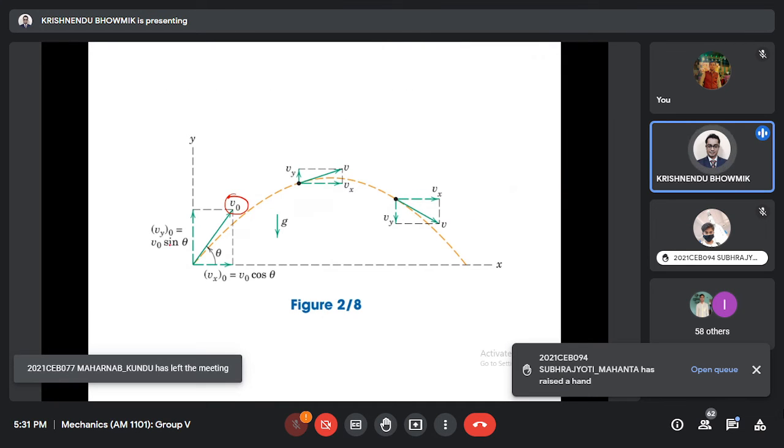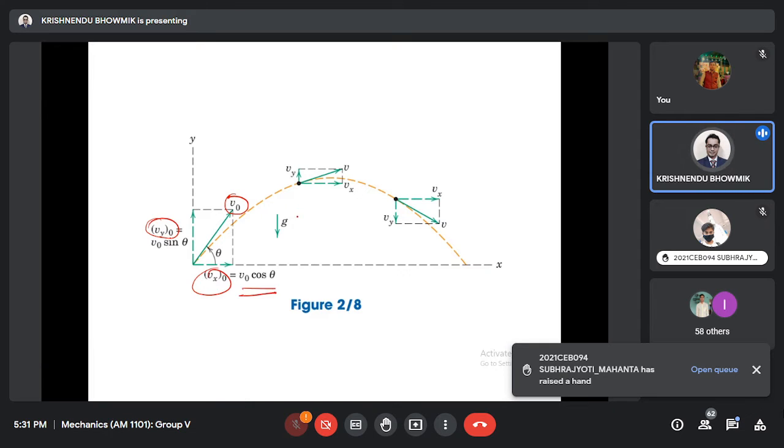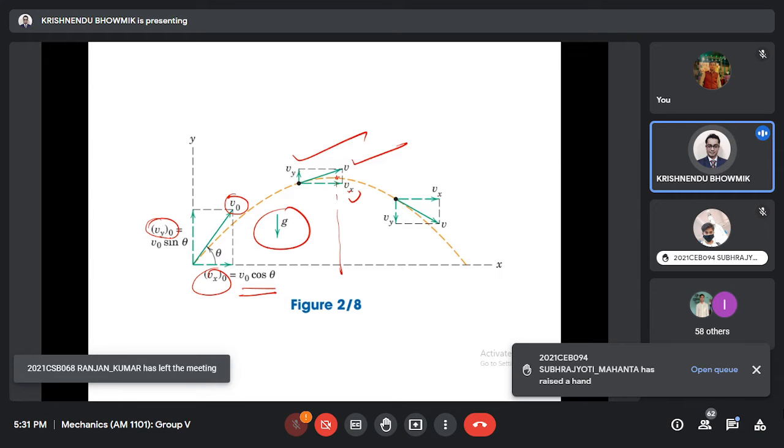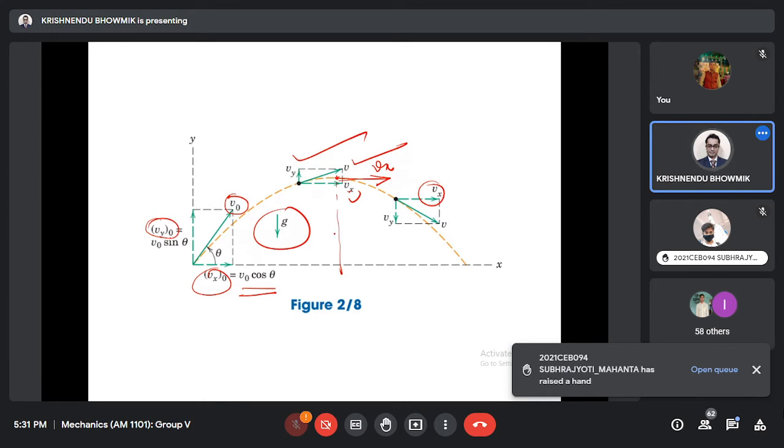Initially v0 has vy0 and vx0. Here vx is constant and g acts downward, so v is changing like this. vx will remain constant, and vy will be 0 at the top, where only vx acts.